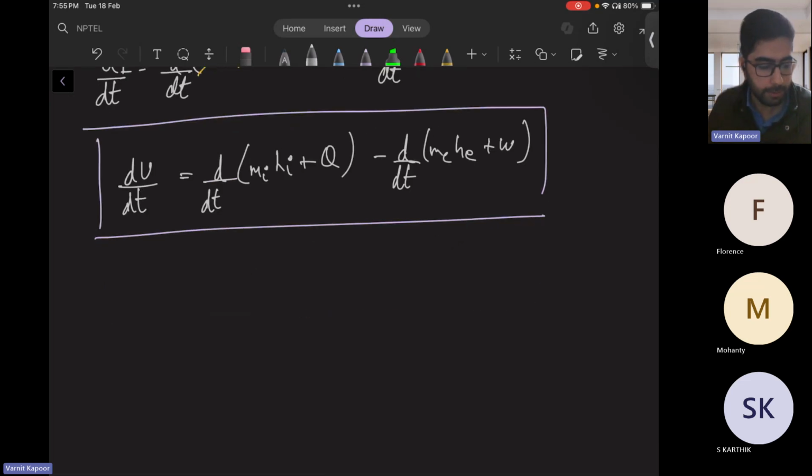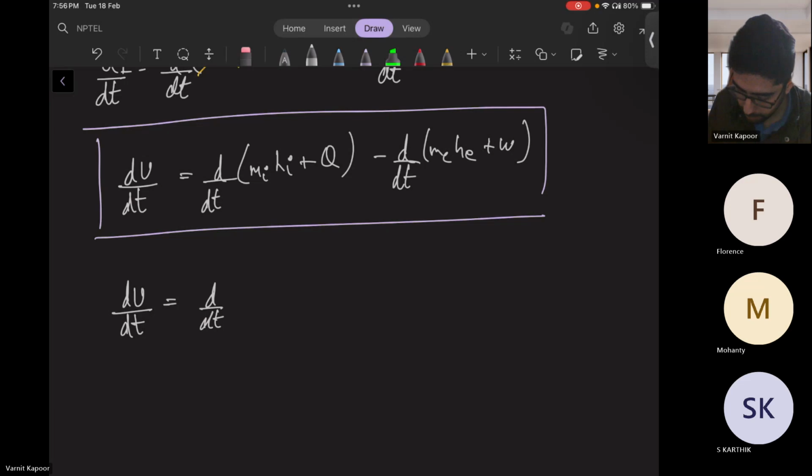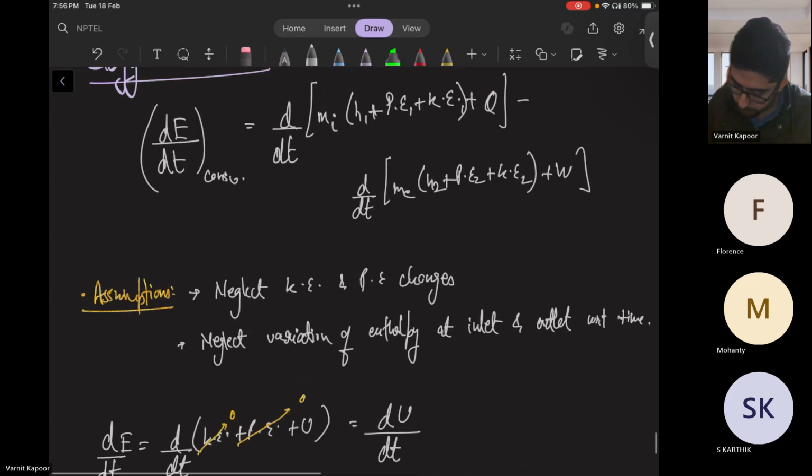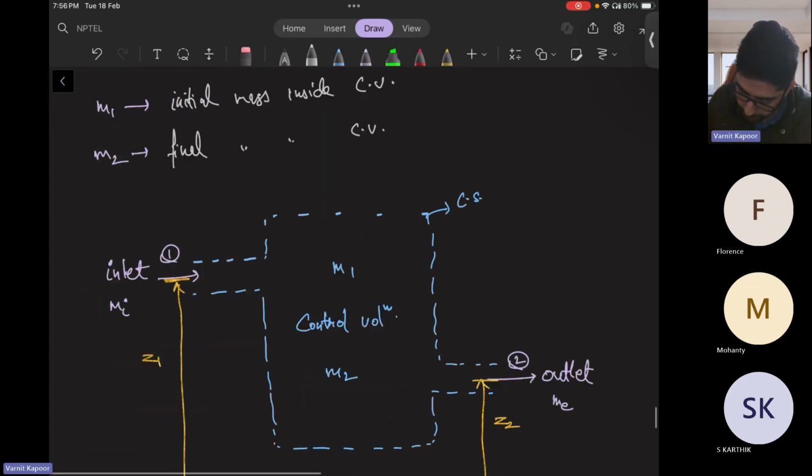On differentiating the right hand side, so dU by dt, differentiate the first term, d by dt of mi hi. Instead of 1 and 2, I'll write i and e so that there is no confusion.